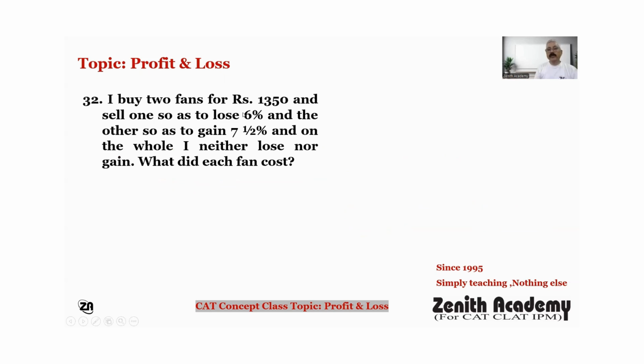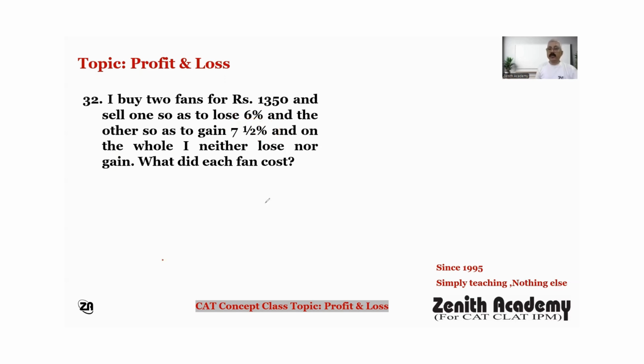I buy two fans for rupees 1350 and sell one at a loss of 6% and other at a gain of 7.5%. And on the whole, I neither lost nor gained. What did each fan cost? So it is same as the previous, but in the previous example, the selling price was same.